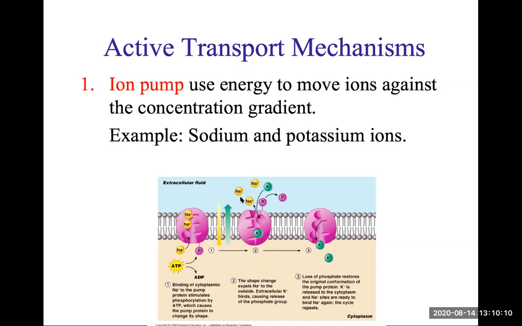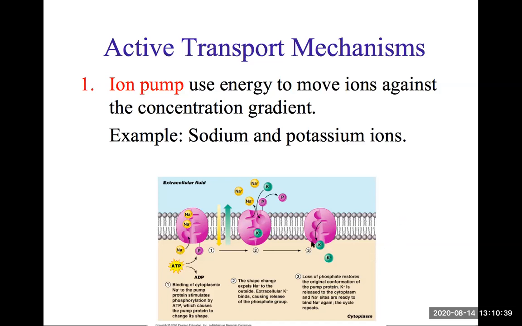So if we were allowing diffusion and the sodiums were to move from high concentration to low concentration, then they do this, they come inside. But ion pumps allow the cell to go the other way. So now the cell is going to take the sodiums from low concentration and move them to high concentration.